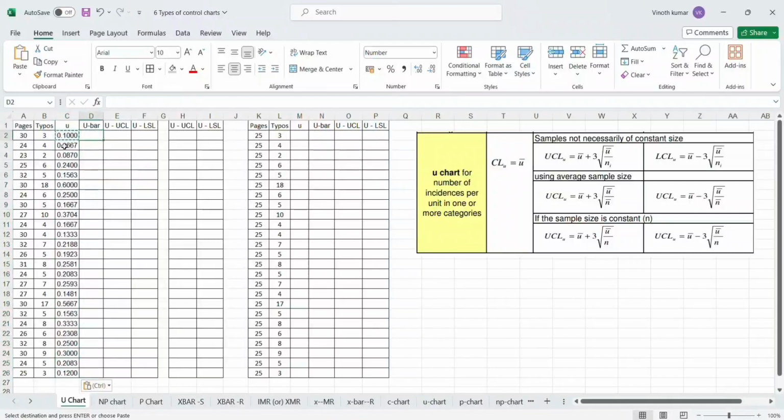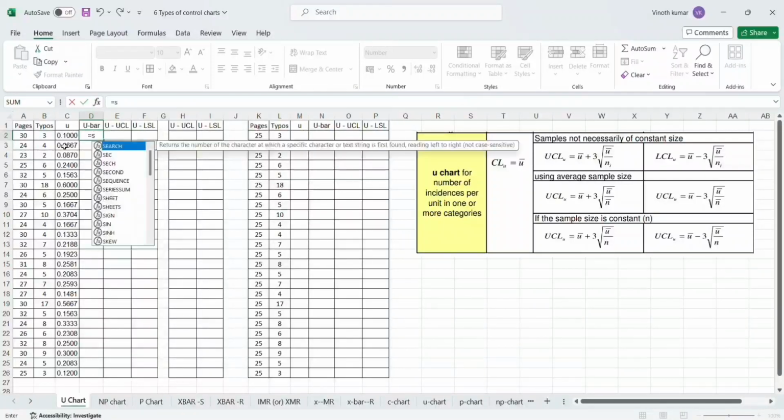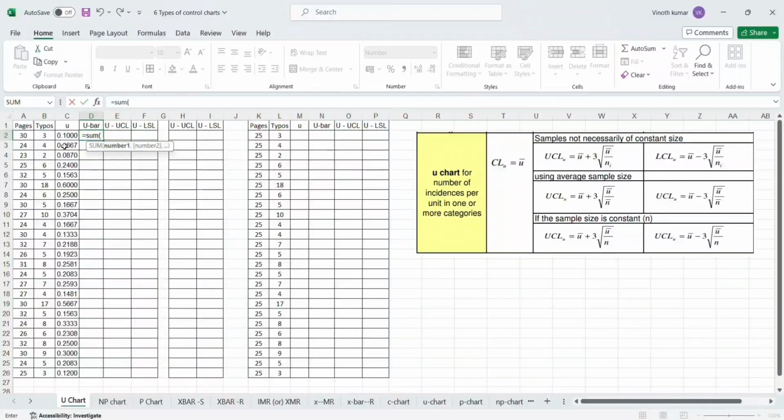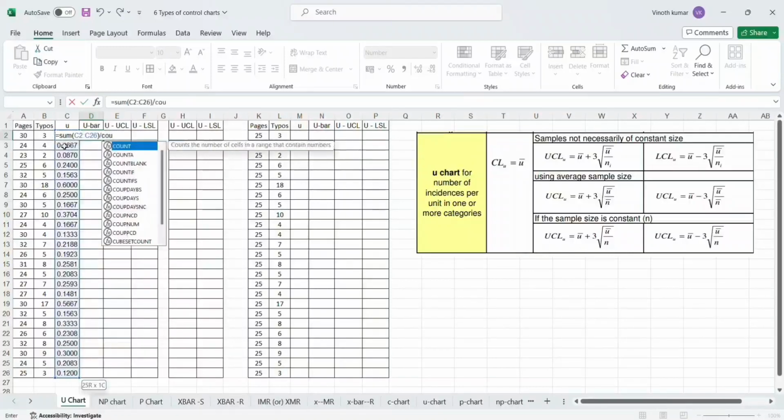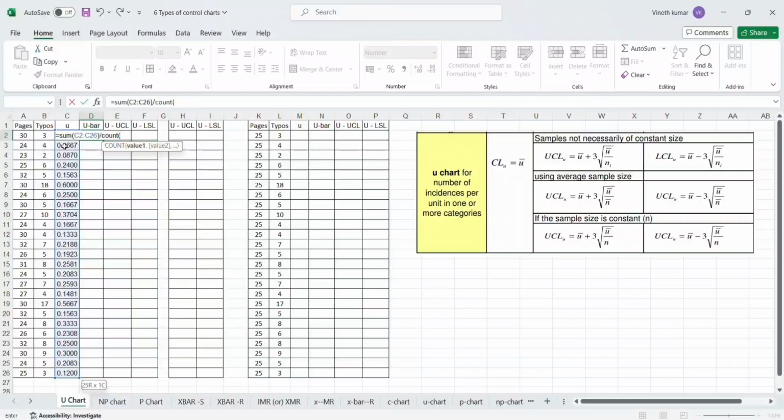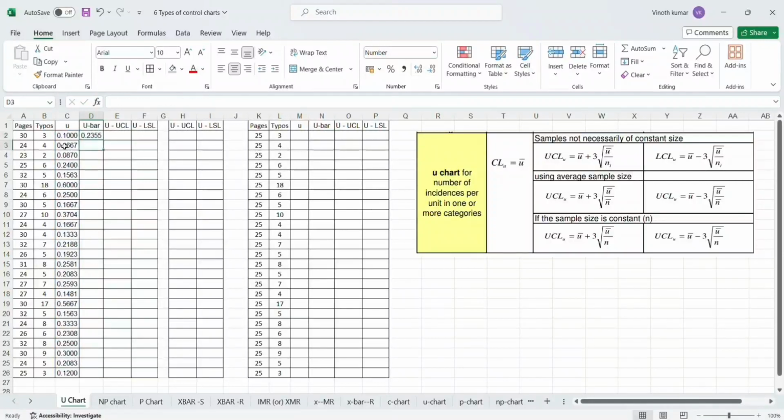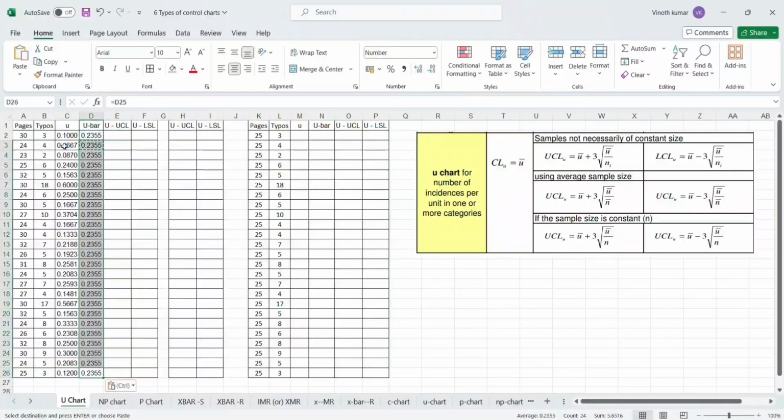Now I need to calculate the average of my U. I have calculated the individual U, and now I have to calculate the average U, for which I take the sum of all these data points divided by the count of all these data points. That gives me U bar, which is the average of defects per unit. This is going to be a straight line, so let me refer to it and copy paste it down to my last cell.